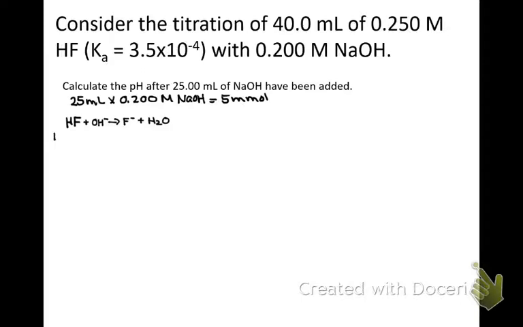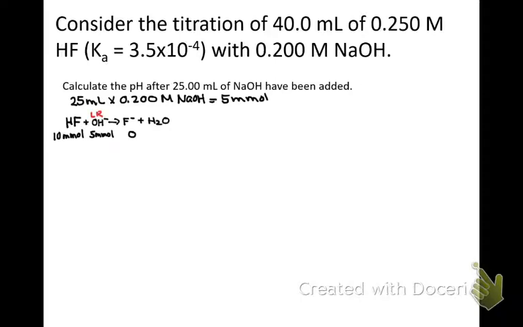Okay, we know we start with 10 millimoles. So we're kind of imagining going back to the beginning of the titration, and now we've added 25 milliliters. So we started with 10 millimoles of HF, and we're adding 5 millimoles of OH minus. Initially, we start with no F minus, and water doesn't really matter. Okay, so look here. The OH minus is the limiting reactant.